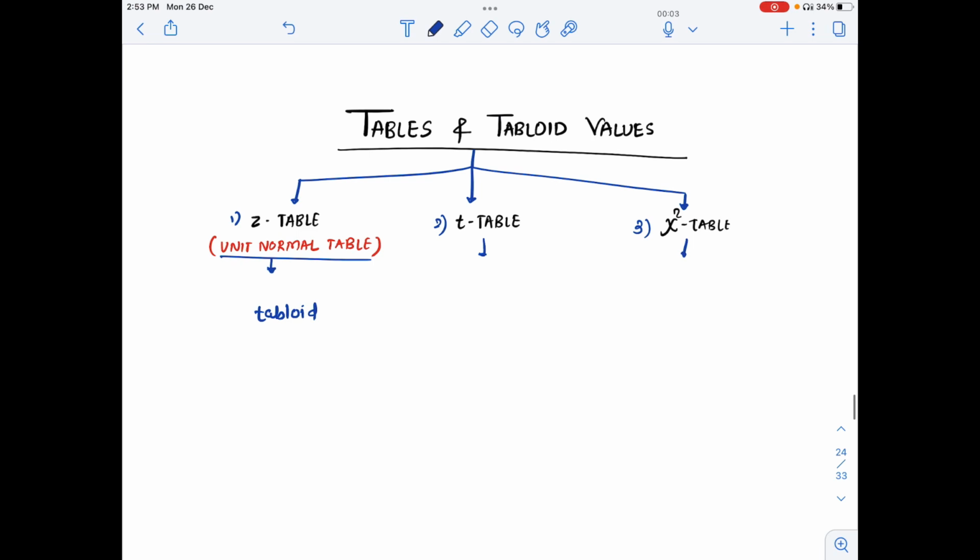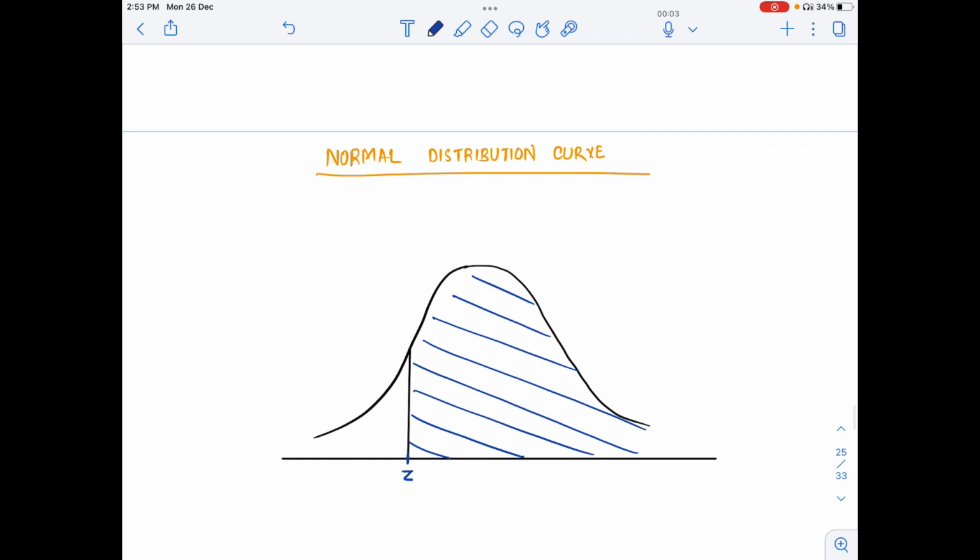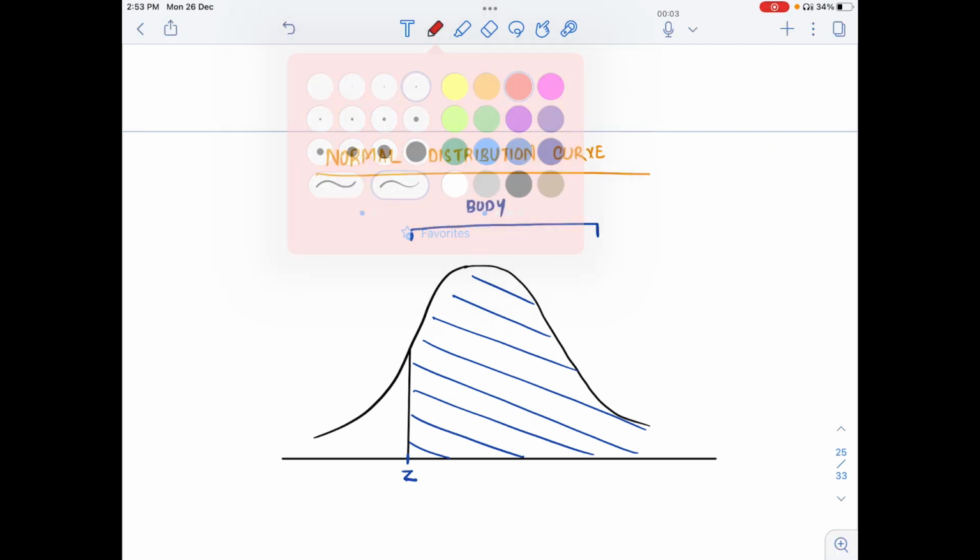First of all, we have to understand the normal distribution curve and some notations. In a normal distribution curve, let's say this is the z. It can be anything other than the mean, because it is a little bit left from the center. This portion, which occupies the majority of the curve, is known as the body, and the notation used is b.